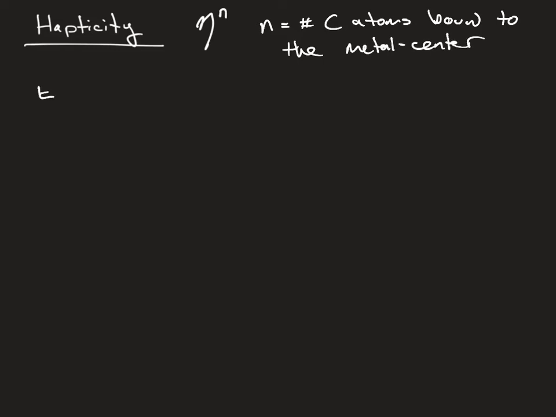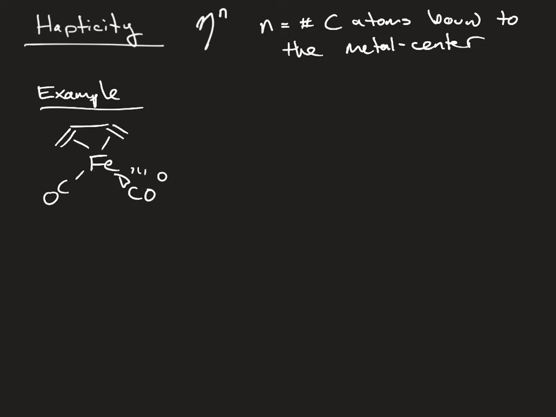As an example, we can look at iron bound to a butadiene ligand. So an iron tricarbonyl bound to butadiene. Here, this is an eta 4 because we have these 4 carbon atoms bound in to that iron center.